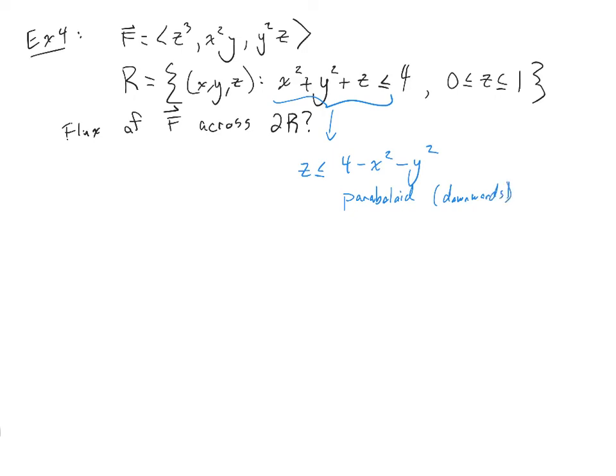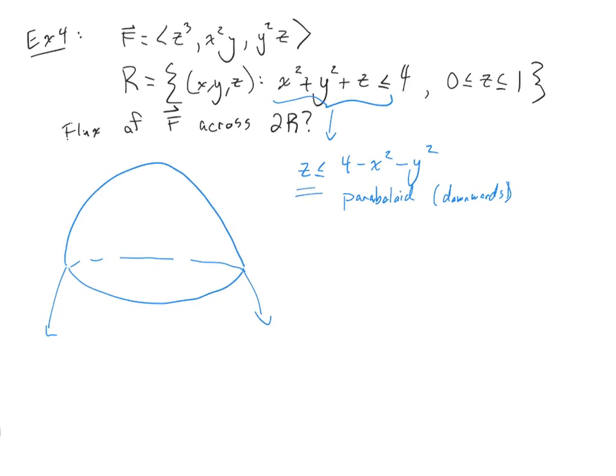So my picture for R is that I've got a downward facing paraboloid, and it keeps going forever. But I'm only taking z between 0 and 1. And because z is less than or equal to, I'm underneath. So the region is underneath of this graph. Underneath, right?